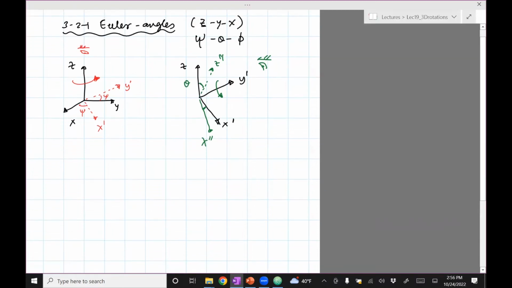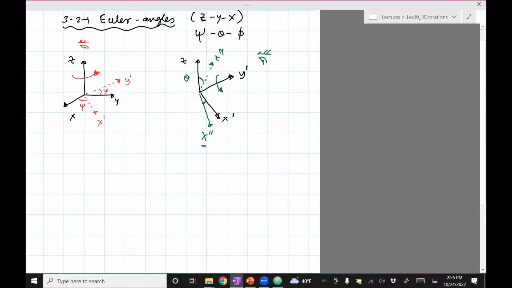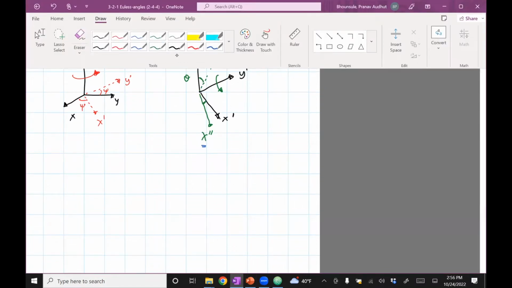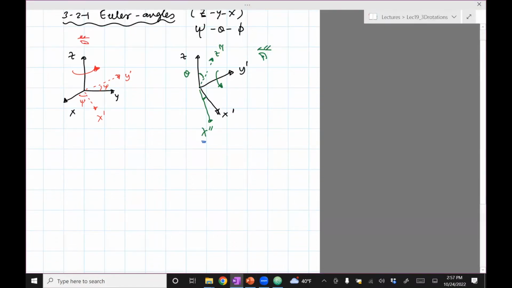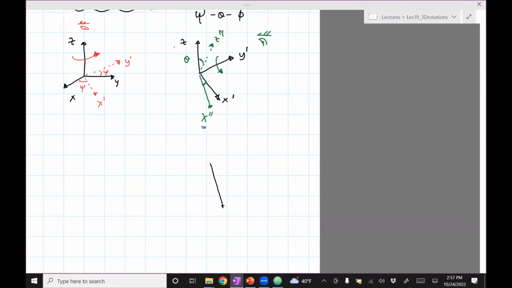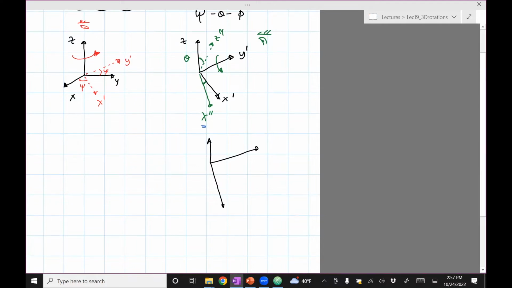So now let's rotate about the x-axis. That will be the new x-axis, so it will be x double prime. So I'll first draw the new x, y, z. This is y, z. Sorry, z is this way.